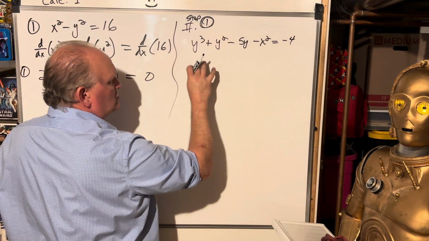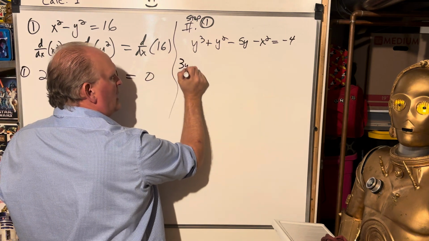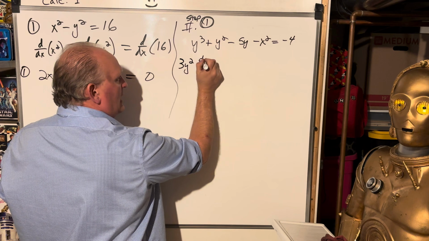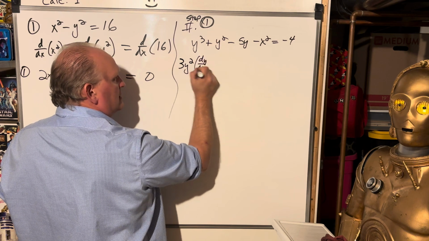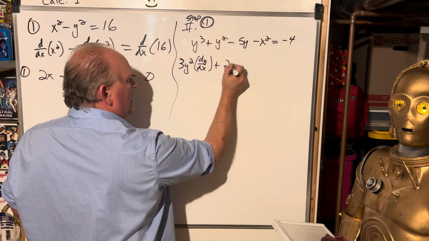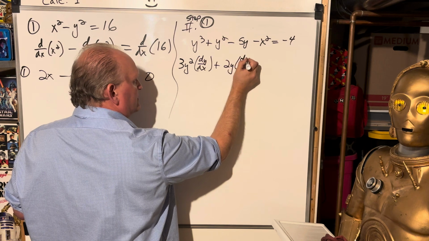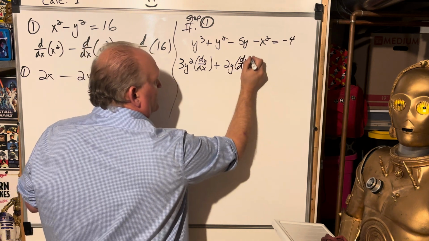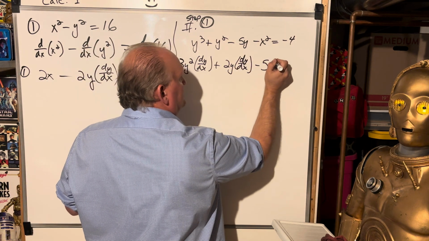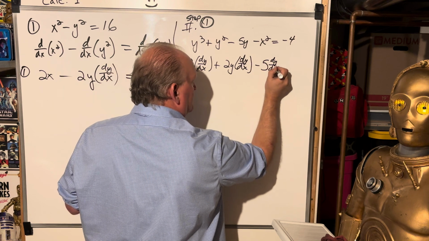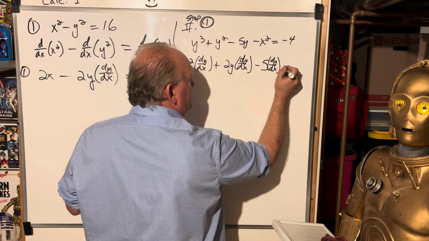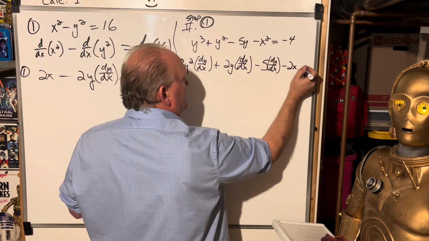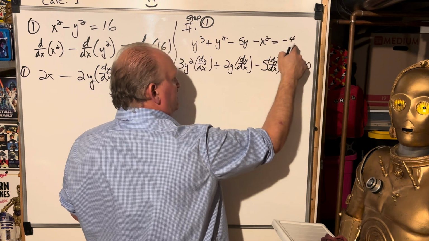We're going to streamline this a little. So we got 3y squared dy dx. We got 2y dy dx. Minus 5 dy dx. And then minus 2x, and then equals 0, because the derivative of constant is 0.